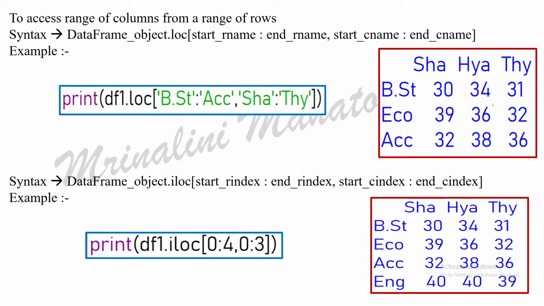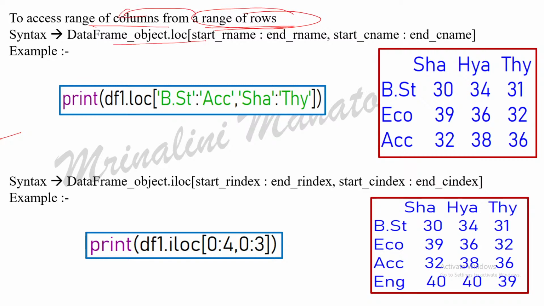Now to access a range of columns from a range of rows. Through the range of rows, what we need is the columns. So what is the syntax?